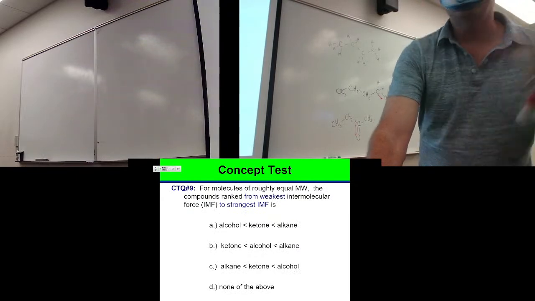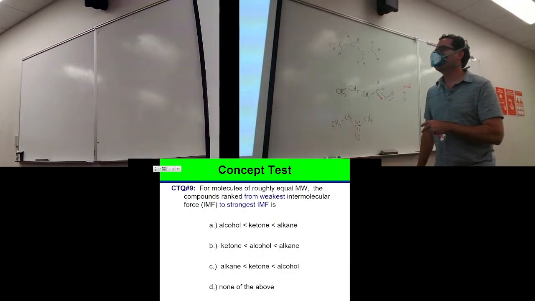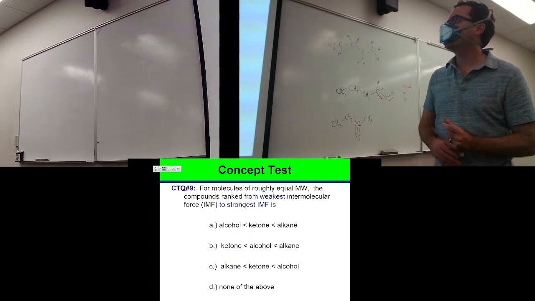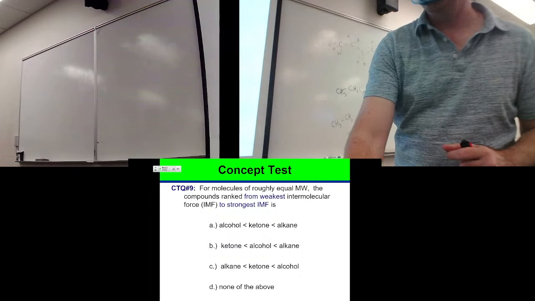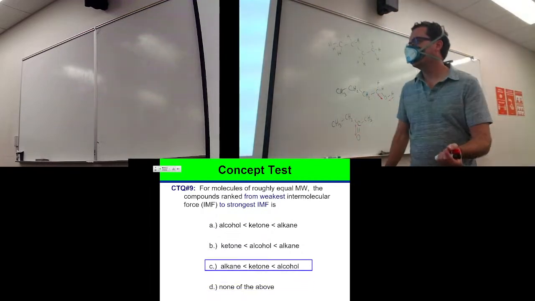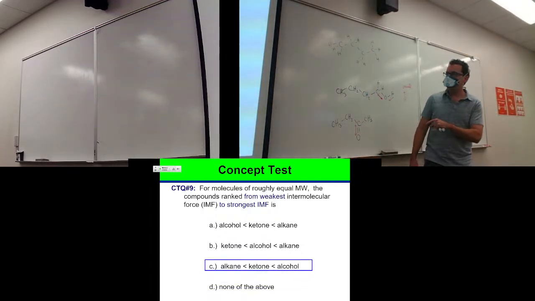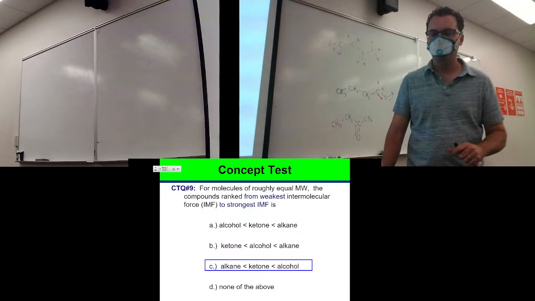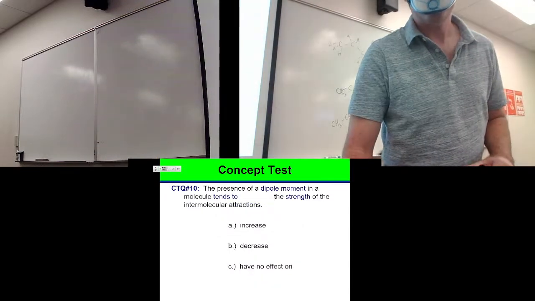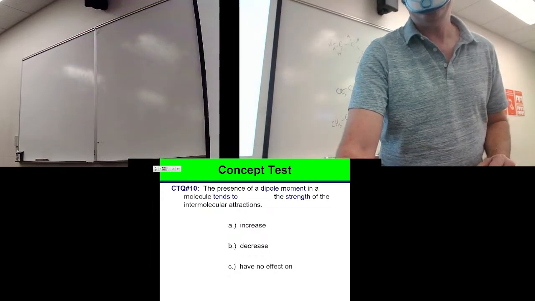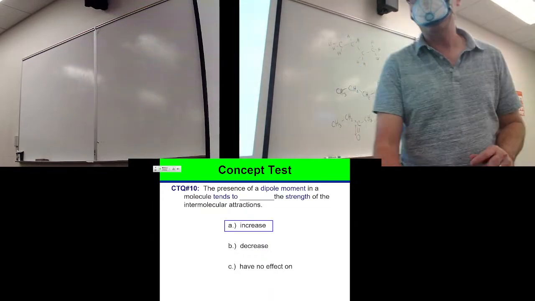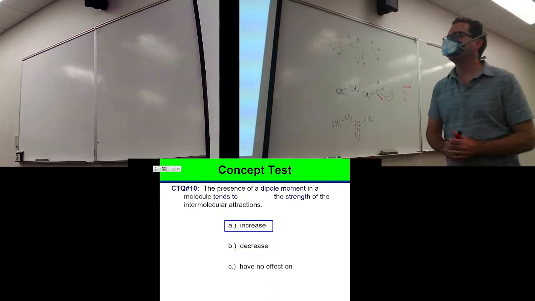And for these three categories of compounds, from weakest to strongest IMFs, it goes alkanes weakest, ketones next, and then alcohols the strongest. So the presence of a dipole moment in the molecule tends to increase the strength of the intermolecular attractions.